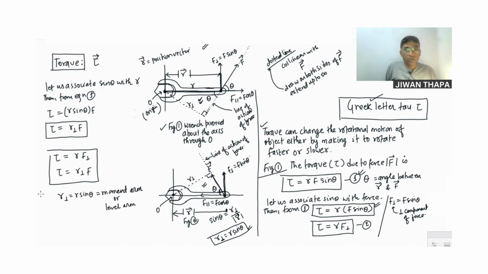So if we generalize this expression, we can write torque tau equals force times the perpendicular distance. So we can also understand torque in this way.